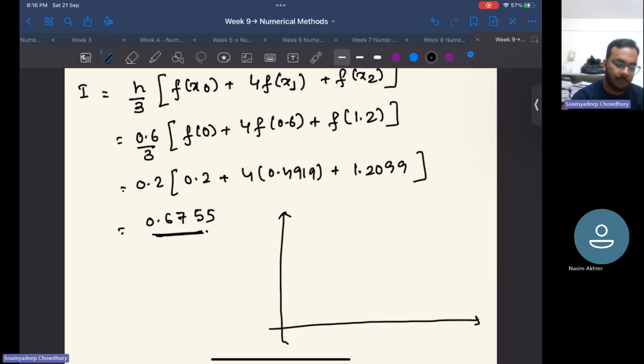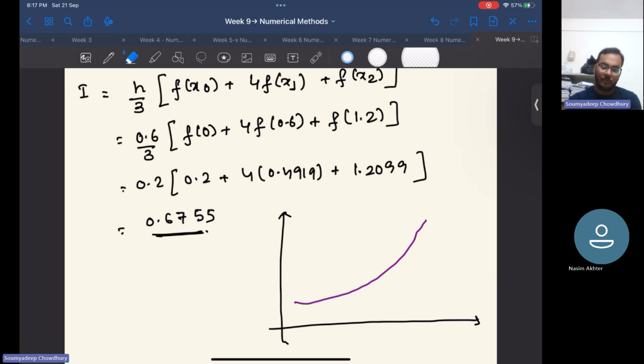This function is somewhat like this, not exactly. If you try to approximate this function in a linear way, it will not be correct, as I showed in the previous video.